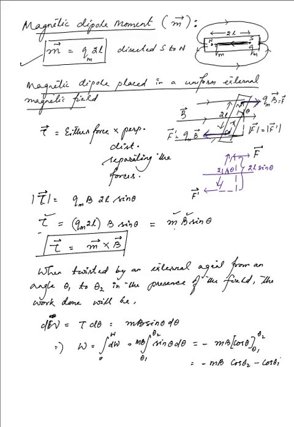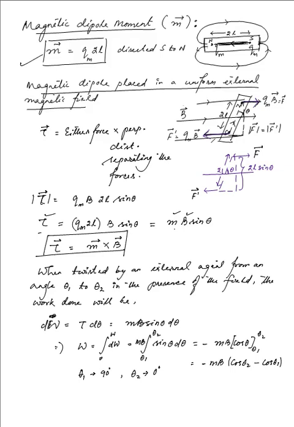Now if the first angle is 90 degrees and the second angle to which we are rotating it is theta, that means we are rotating a dipole from 90 degrees between the external field and the dipole to a certain angle theta.